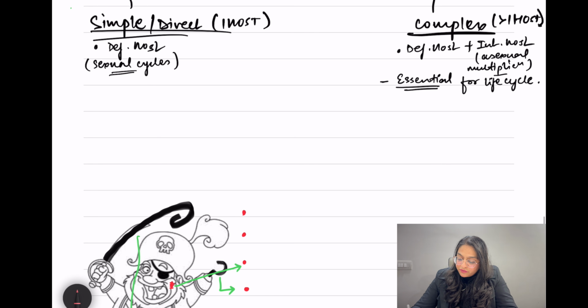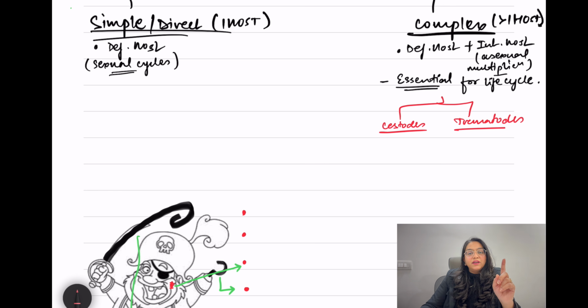Complex life cycle is of cestodes and trematodes, right? Because all protozoa and all nematodes have only one host, they have no intermediate host, they have a direct life cycle with the exceptions. All cestodes, all trematodes have a complex life cycle with one or two intermediate hosts. Exceptions we have seen H. nana, Diphyllobothrium and Schistosome.